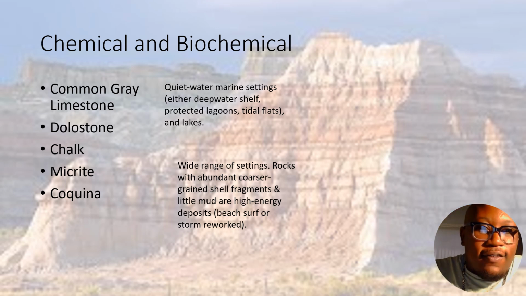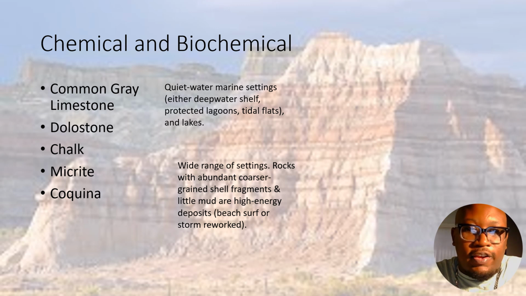Then we have our chemical and biochemical rocks. Some of these you might have heard of, such as limestone and chalk. Austin, Texas has a big formation known as the Austin Chalk Formation, which I got a few of my samples from. Limestone, you can find that easily in Tennessee, such as dolostone.